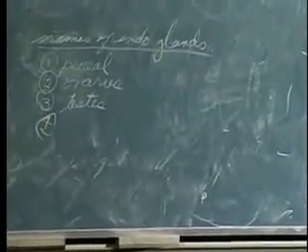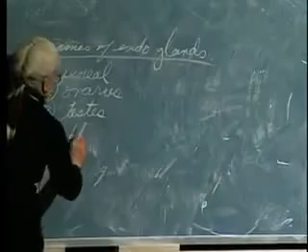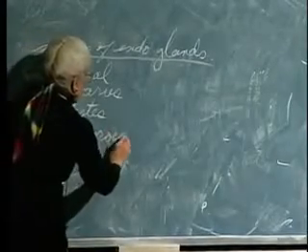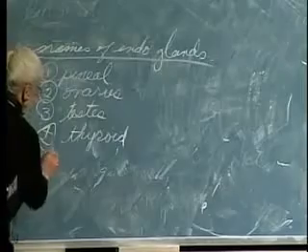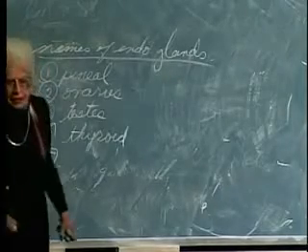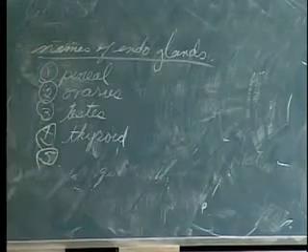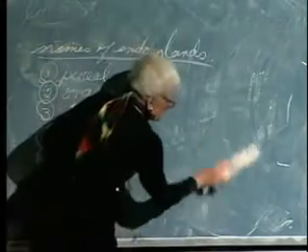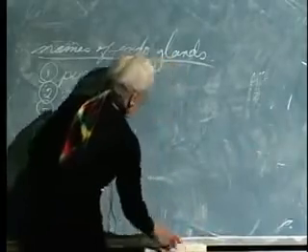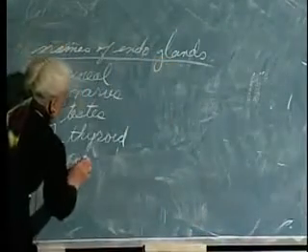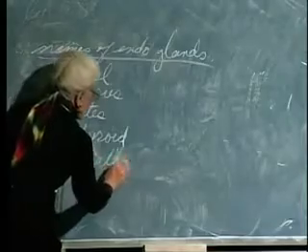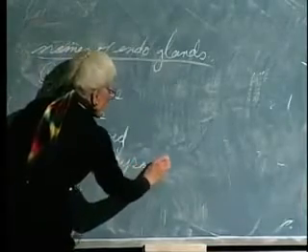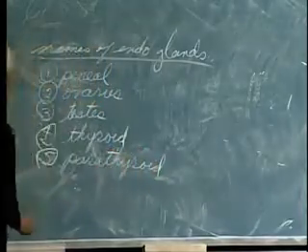What's the big one on the anterior aspect of your neck? Thyroid. What's on the back of the thyroid? Parathyroid. We had it with our osteoclasts. We have 7 of them.